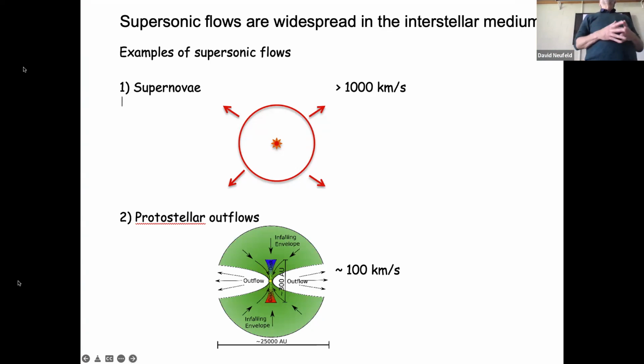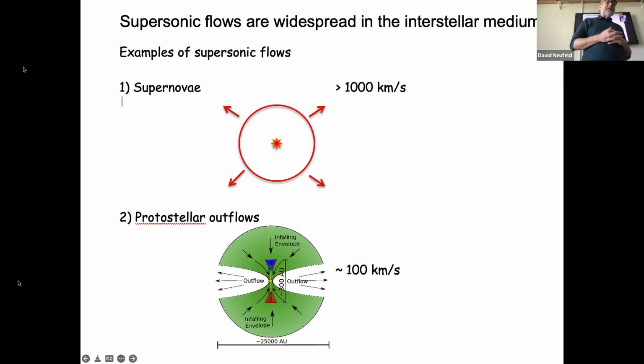These send blast waves out that can live for tens of thousands of years and expand into the surrounding interstellar gas. The initial velocity of the material ejected by the supernova can be 10% of the speed of light. So it's a huge amount of energy.